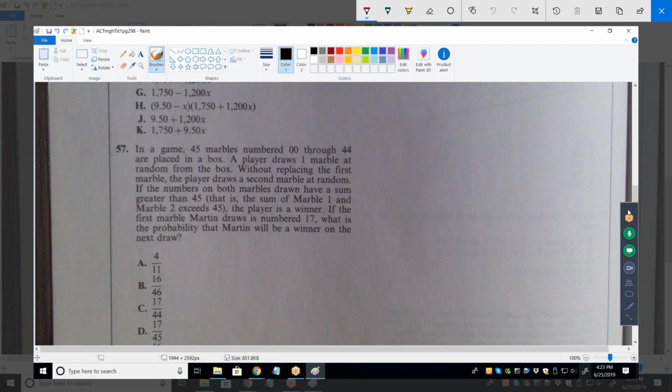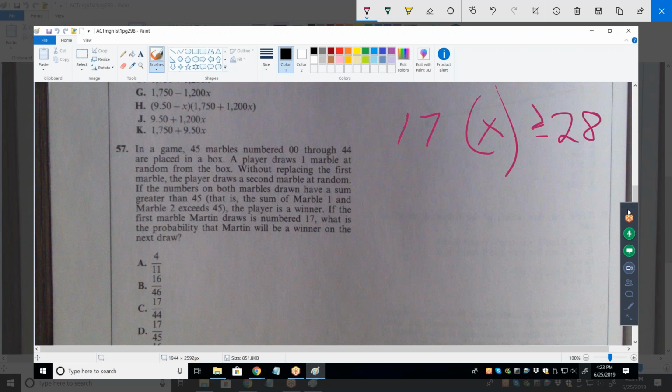So if he draws a 17, there are 44 marbles left, and the sum has to be greater than 45. So we'll call the second marble X. It at least has to be 28.